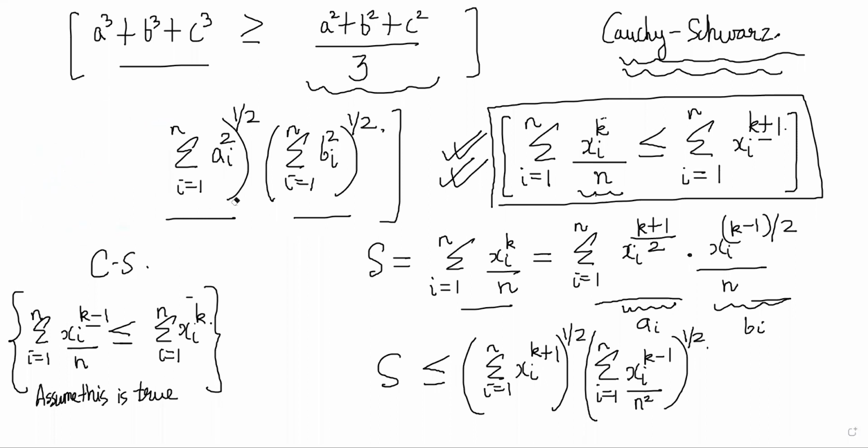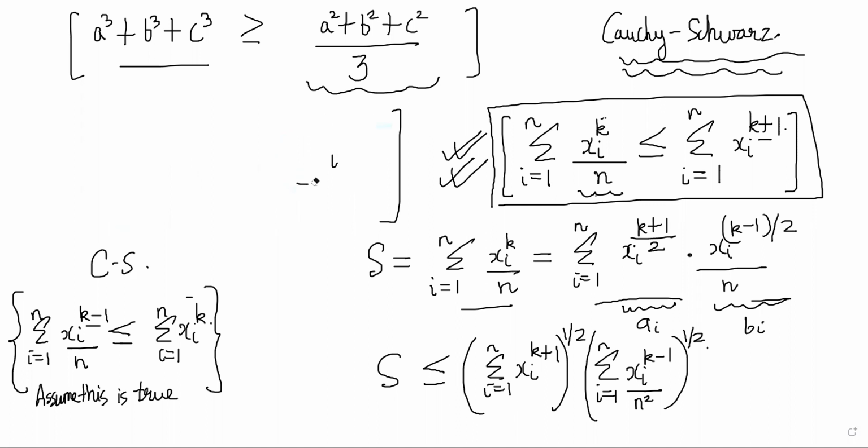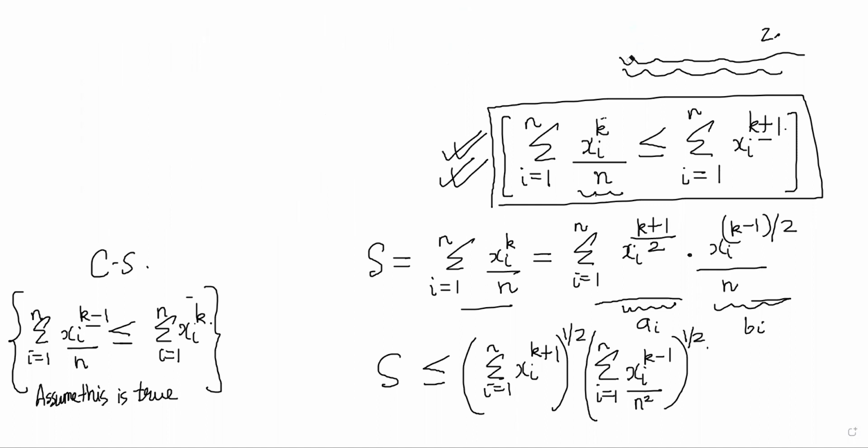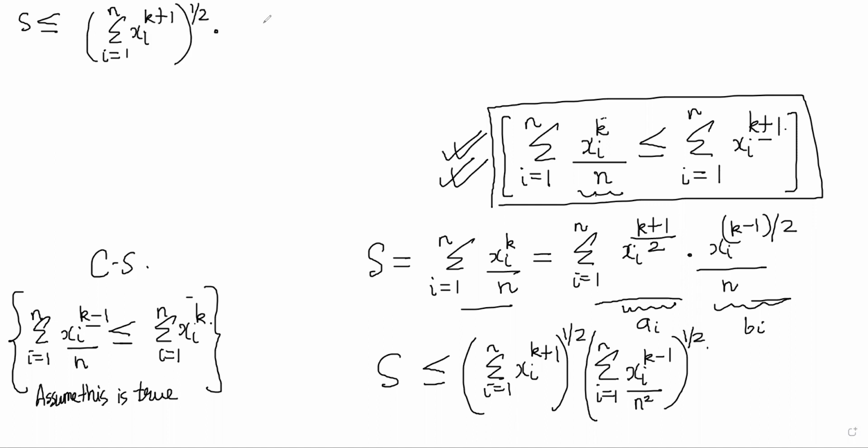What I'm saying right now is that S is less than or equal to summation of i goes from 1 to n xi power k plus 1, to the power half, multiplied by summation of i goes from 1 to n xi power k minus 1 by n square, whole to the power half. This is because we have squared each term and we are doing Cauchy-Schwarz.